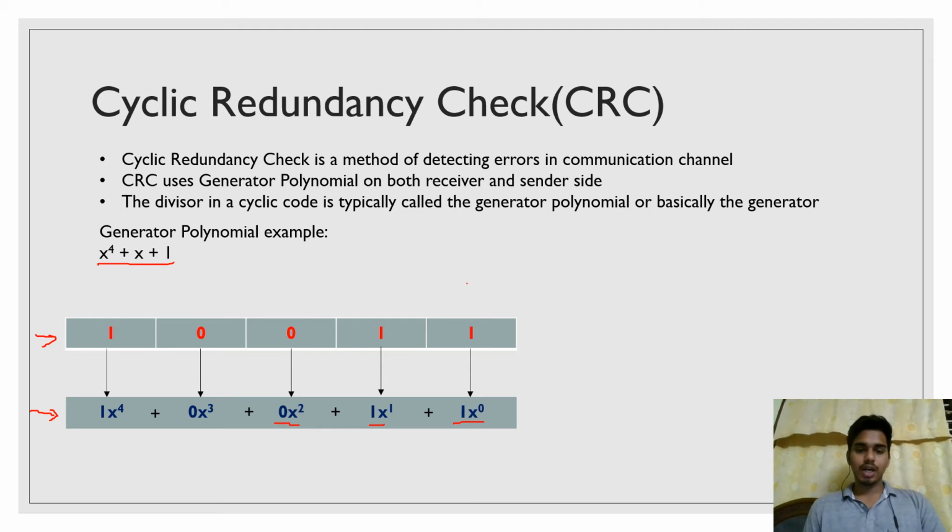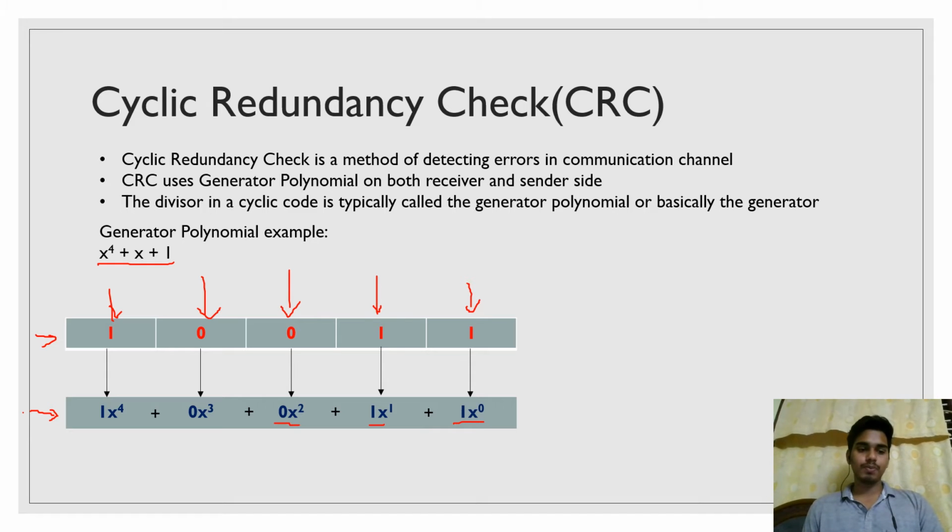This bit is the coefficient of x to the power of 0, this bit is the coefficient of x to the power of 1, this bit is the coefficient of x squared, this bit is the coefficient of x cubed, and this bit is the coefficient of x to the power of 4.